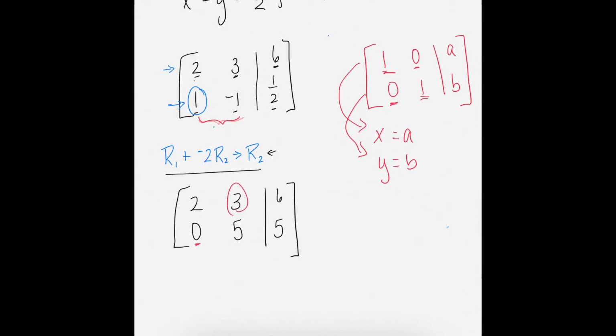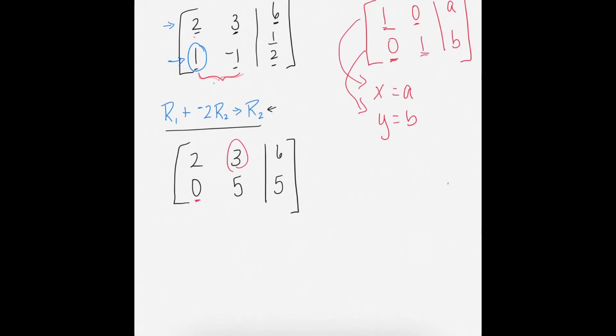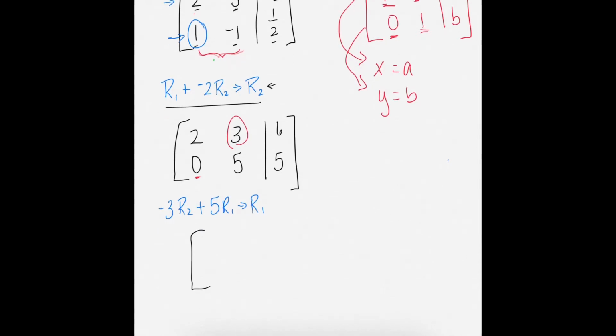Now we need to get this 0 here. So the way I'm going to get that 0 is, using the same colors, if I take row 2, multiply -3 times row 2, and add it to 5 times row 1, that's going to give me a 0. That'll be my new row 1. So negative 3 times 0 is 0, plus 5 times 2 makes 10.